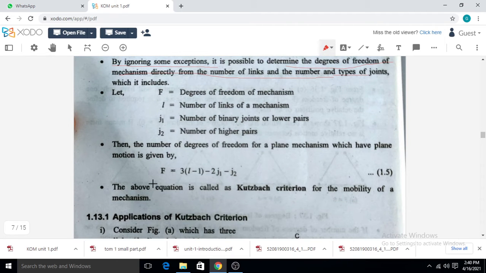So there is one formula. The degree of freedom of a planar mechanism, which has plane motion, is given by F equals 3 into (L minus 1) minus 2J1 minus J2, where F is the degree of freedom of the mechanism, L is the number of links in the mechanism, J1 is the number of lower pairs or binary joints, and J2 is the number of higher pairs.